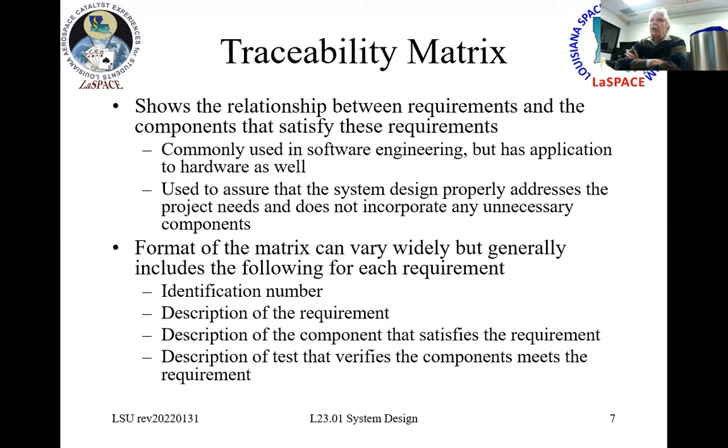There are different ways to do these things, but traceability allows you to look at whether you have covered all of your requirements with a particular design, or if there are missing requirements. So one should be trying to do that kind of traceability.